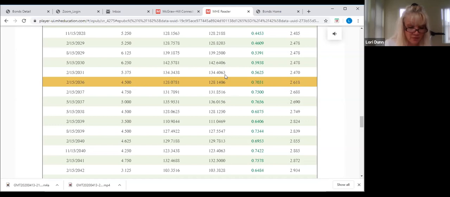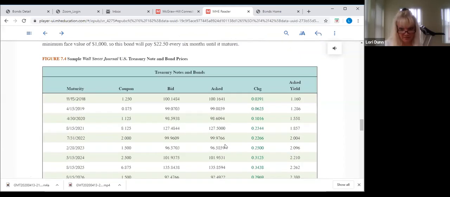So remember, the bid and asking, of course, is decided by the dealer, based on how much they feel they can sell it for. And they want to make sure they can make a profit on it. So it's just how they're presented when it comes to US Treasury notes. So just a different quoting system.